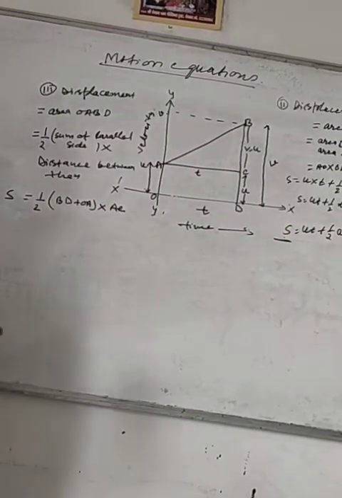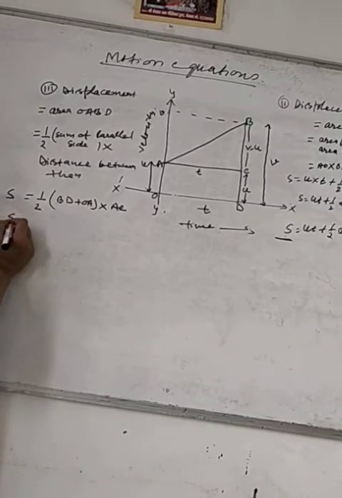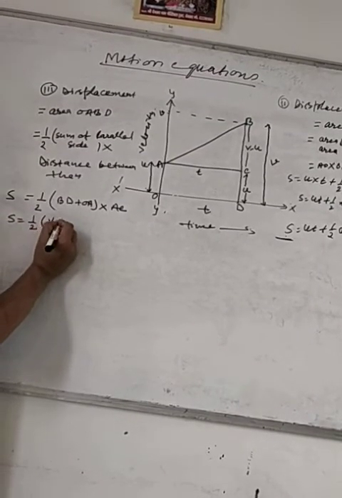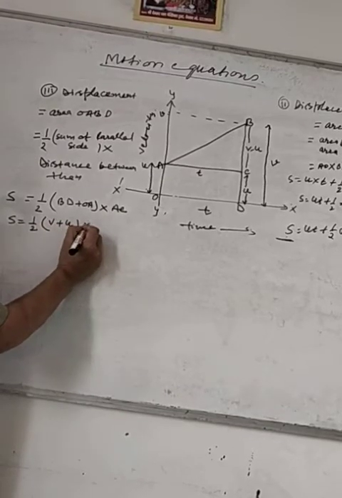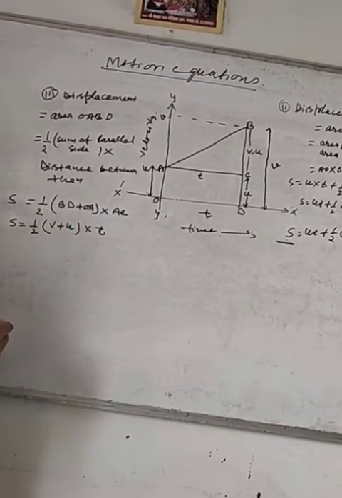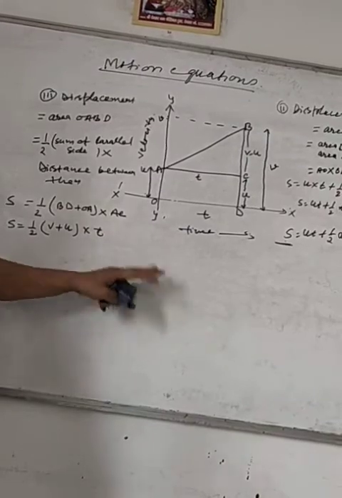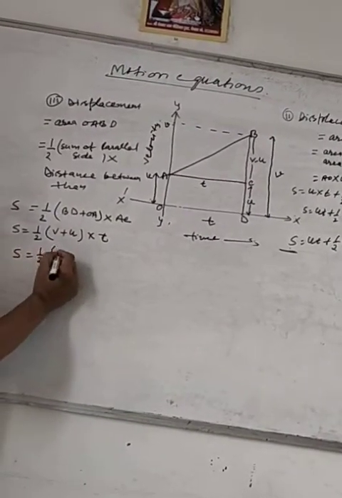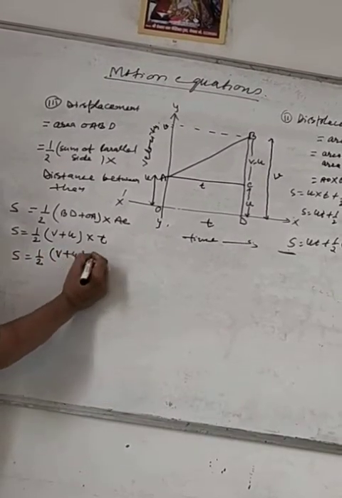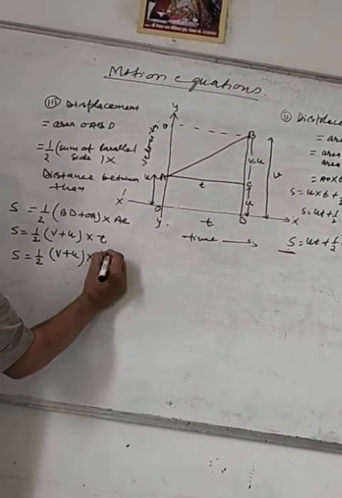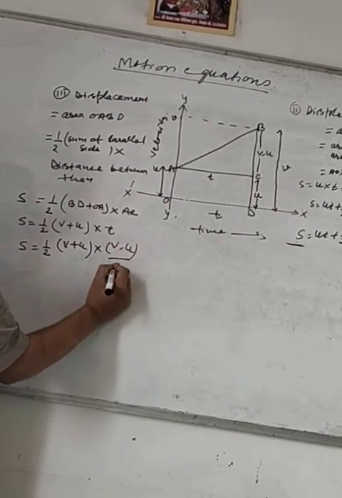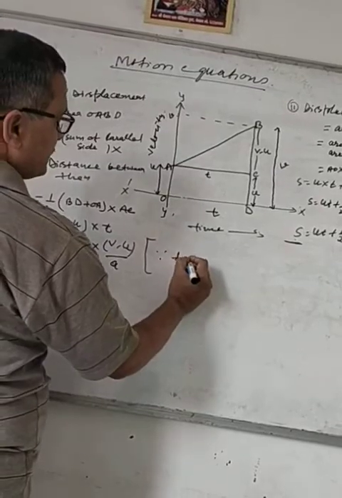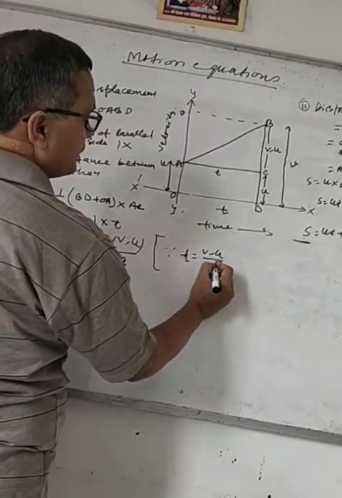Distance is AC, and so S equal to 1/2 V plus U into T. From the first equation, we know that S equal to 1/2 V plus U into V minus U upon A, since T equal to V minus U upon A.